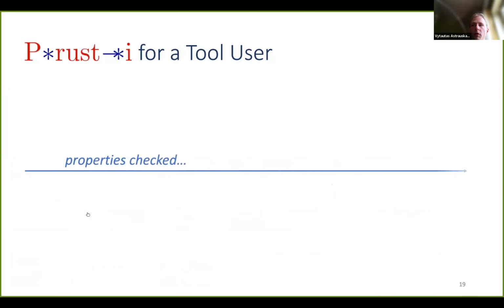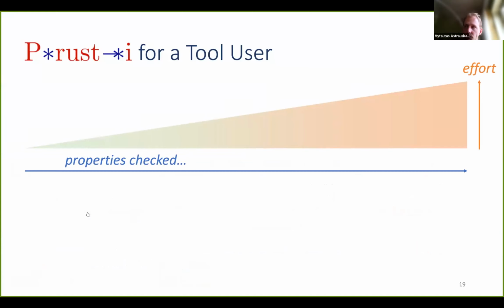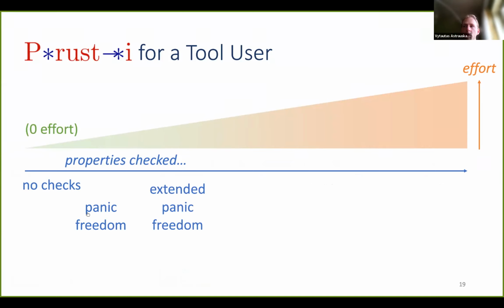So to summarize for the tool user, with our current process design, the effort is proportional to how difficult the properties being checked are. For example, if the user doesn't want to check any properties, there is zero effort. If we want to check that the code doesn't panic or crash, or some additional things like asserts, then we have to put in some additional effort, but not much.